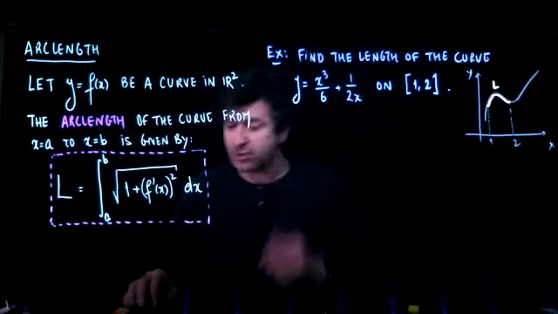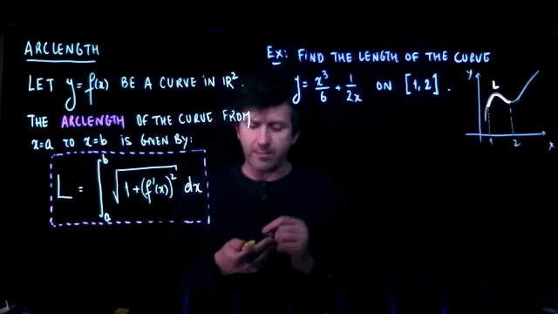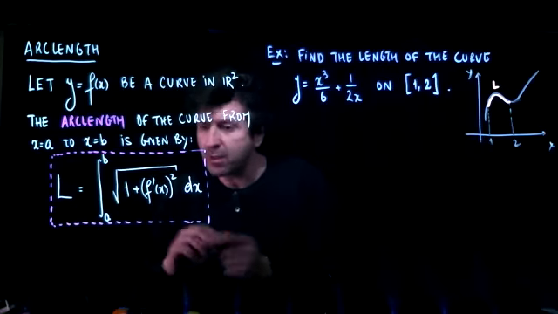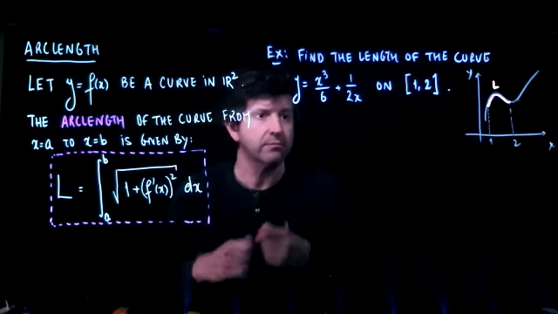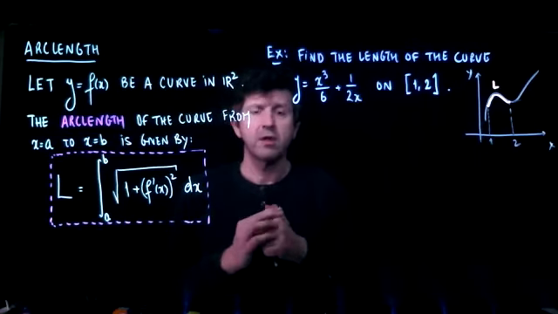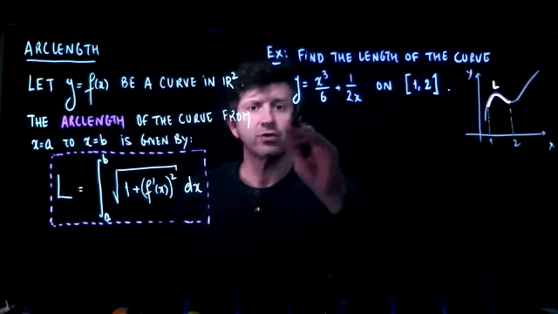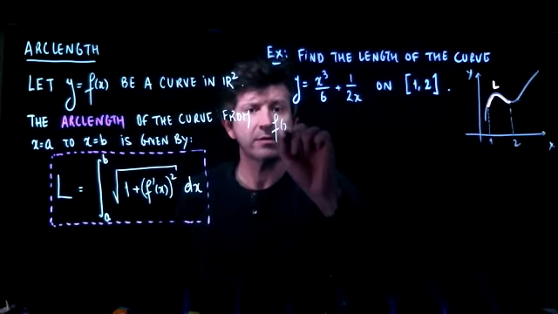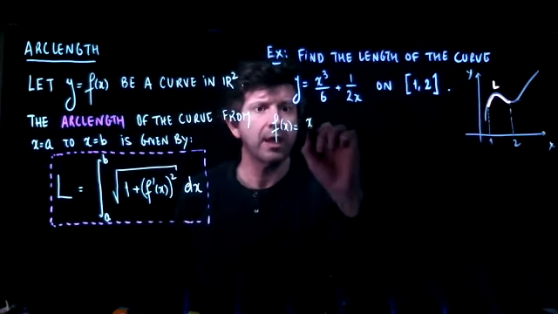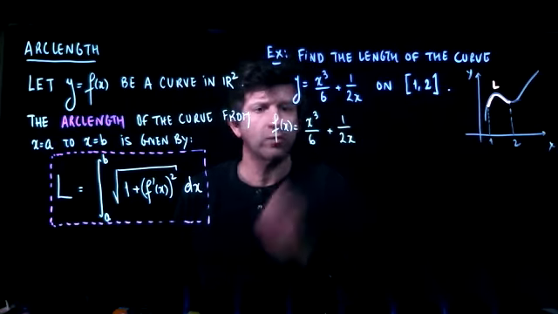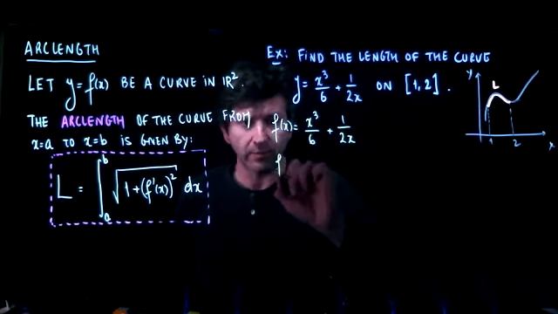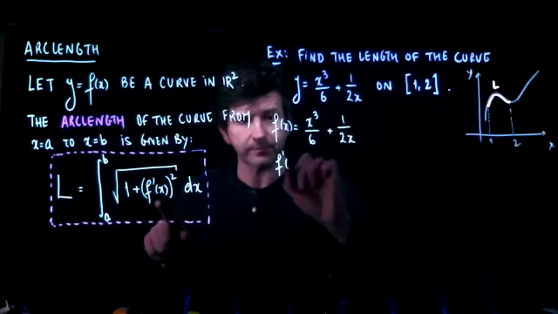So let's do this. Okay, so the first step. I need to find what am I going to integrate? Okay, so f of x is this function. So let's go. f of x is x cubed over 6 plus 1 over 2x. Let's find f prime, because I'm going to need f prime here.